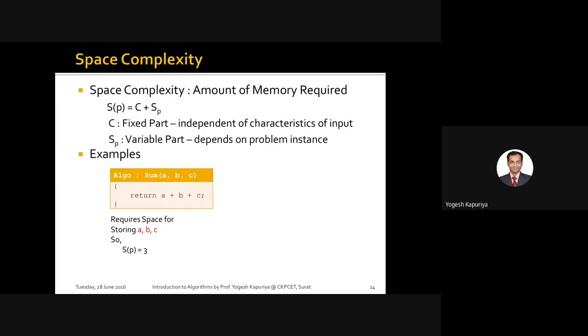So we have then discussed the space complexity, how to calculate it. So basically, when you are calculating the space complexity for any algorithm, we need to observe the variables or the data points which are going to require space.